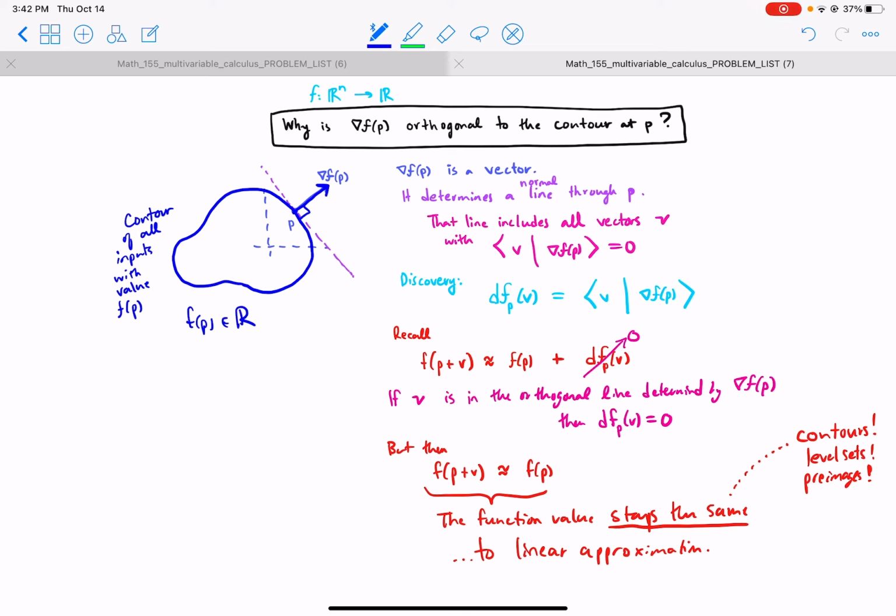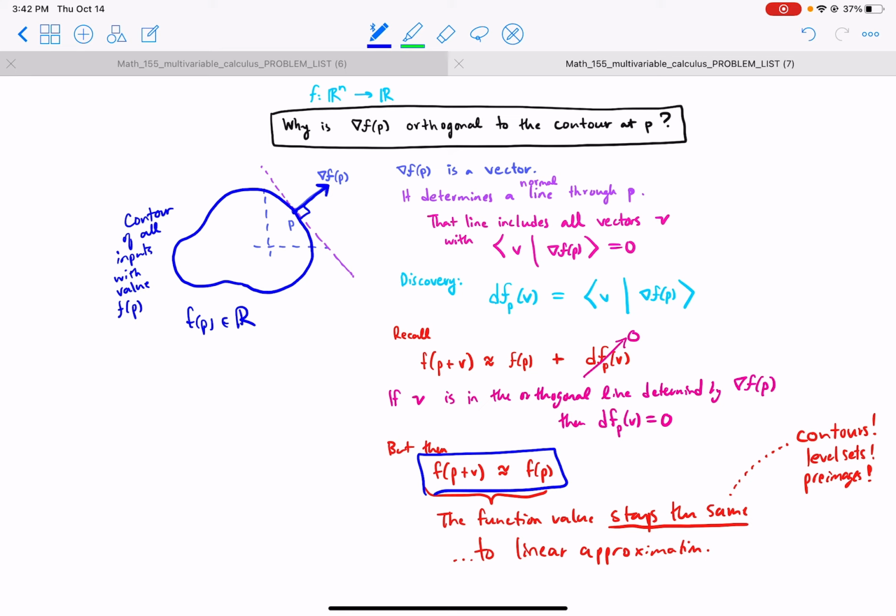Okay, we didn't know that at first, we just knew that gradient was a vector. Well, of course, a vector determines a normal line, and that line includes all the vectors that have dot product 0. That's the definition of the equation of that linear line. Then we discovered that that dot product was actually the derivative. We looked at our linear approximation formula and saw that if v is orthogonal, if v is like that or v is like this, well then the dot product is 0, and so this piece is 0.